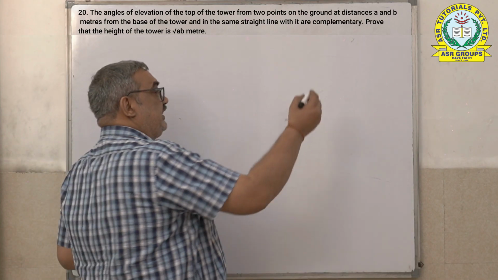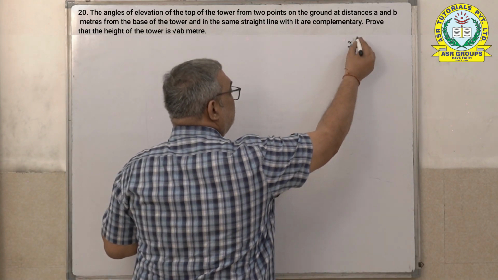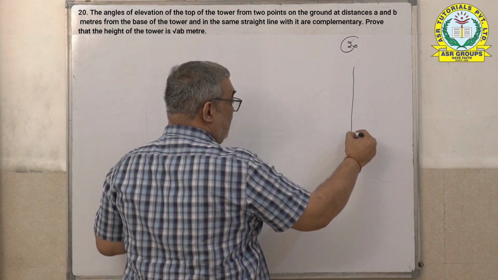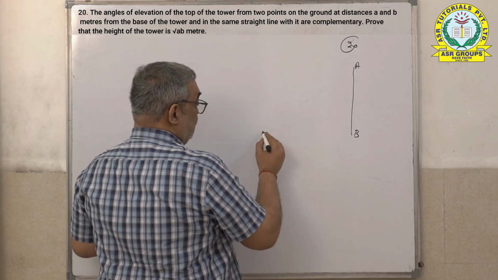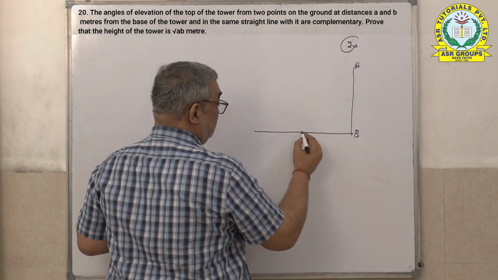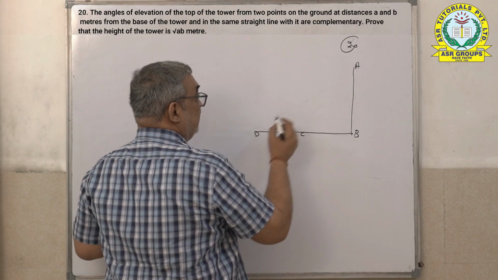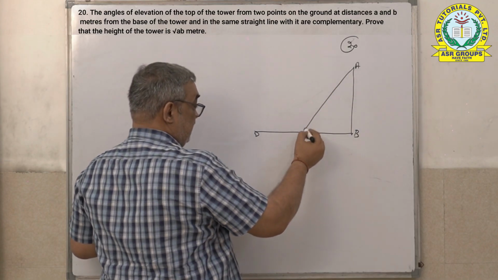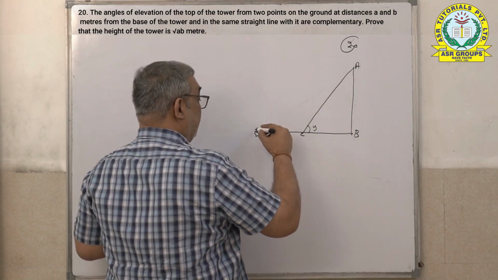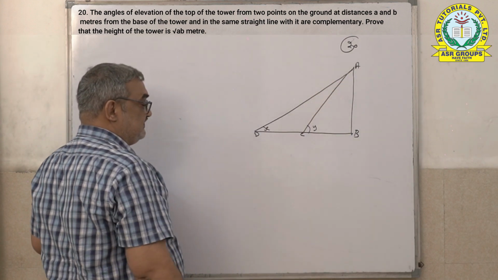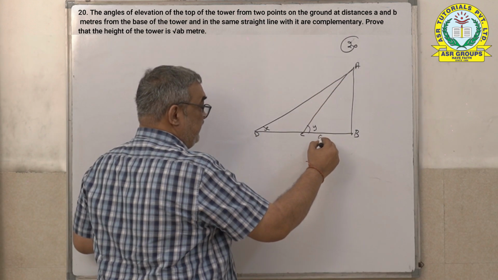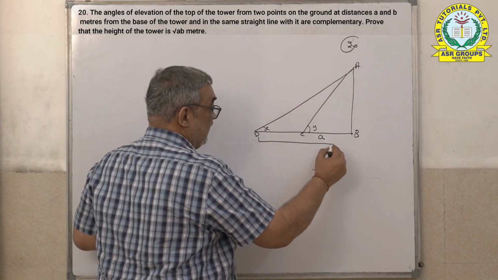Sum number 20. This is a tower. 2 points are here, C and D. This angle is Y. This angle is X. BC is a.